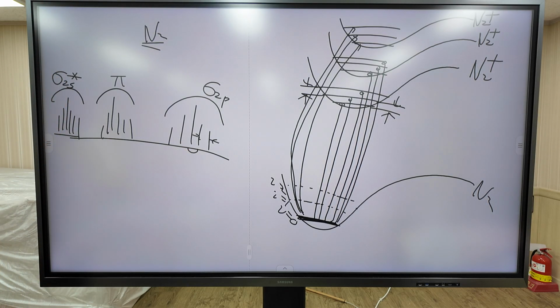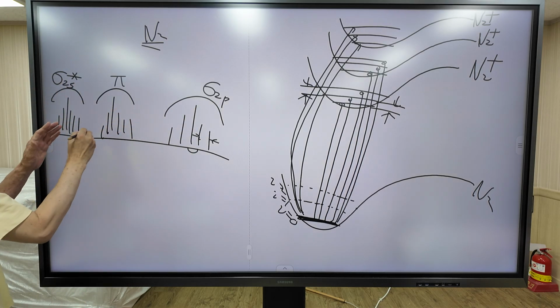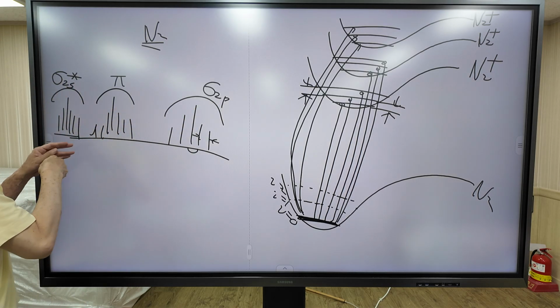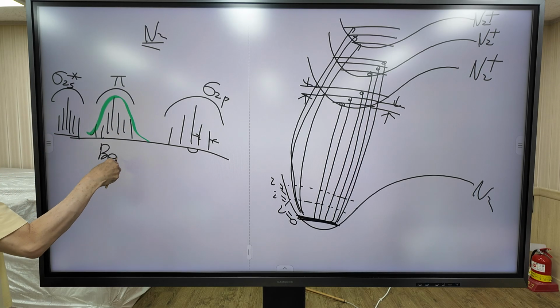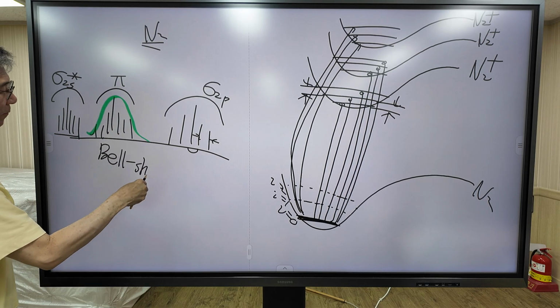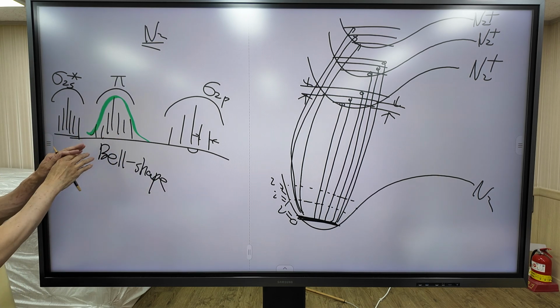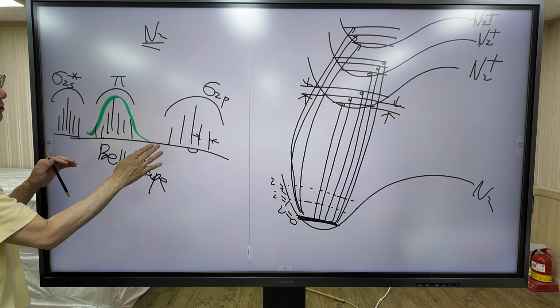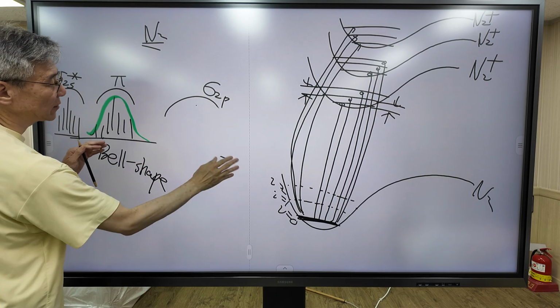And the second point is that this orbital is a bonding orbital. So we have a bell-shaped band. But for this orbital, the actual band shape does not look like this. The actual band shape looks like this.